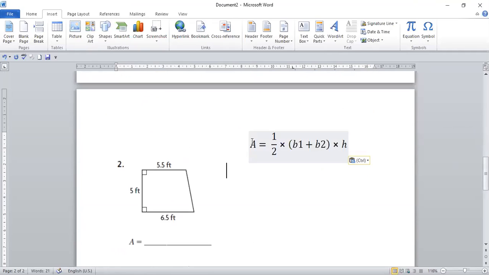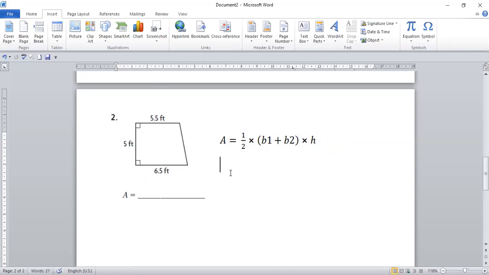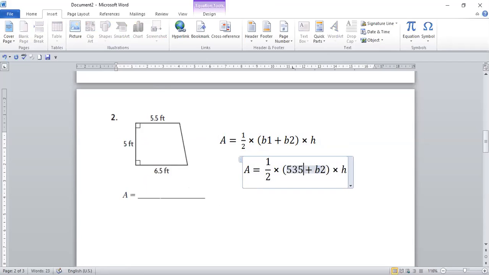So start with this. Okay, so all you have to do is replace the formula again. So when you replace, half will be half, b1 will become 5.5, and b2, that's base 2, will become 6.5, multiplied by height is going to be 5.